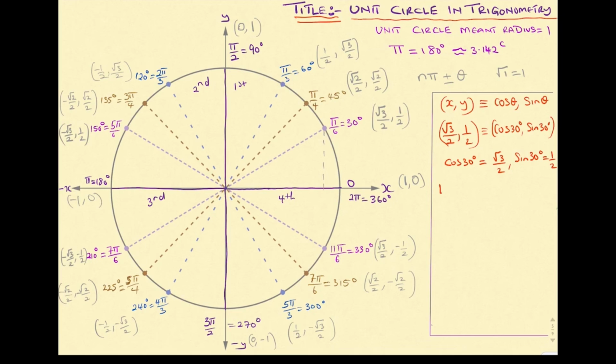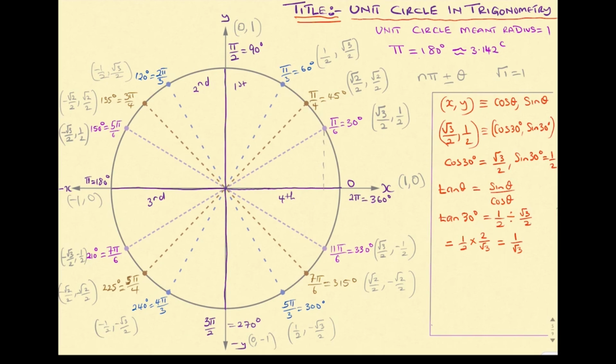To find tan theta, it is sine of theta over cos of theta. So tan of 30 degrees will be sine of 30 degrees, which is a half, divided by cos of 30 degrees, which is root 3 over 2. That will be equal to a half times 2 over root 3, which equals 1 over root 3.